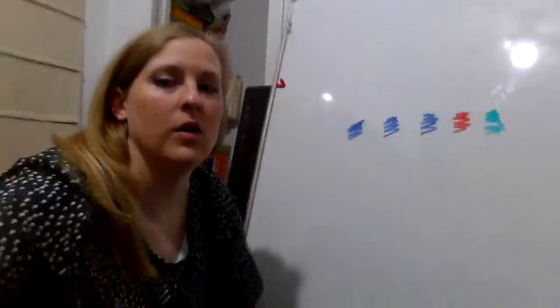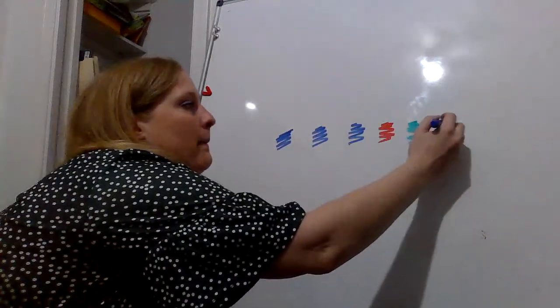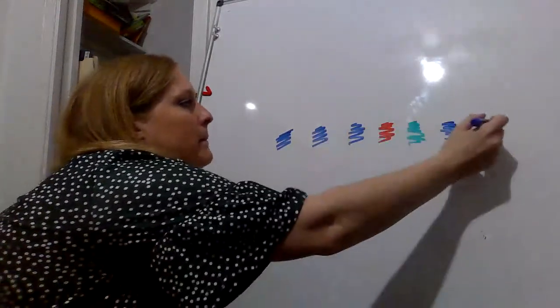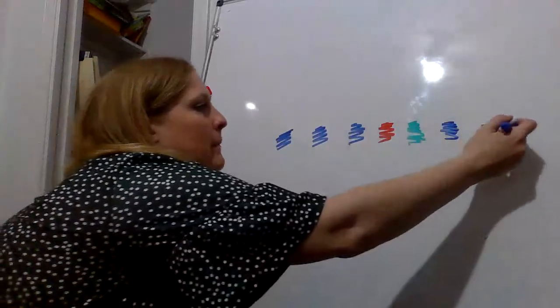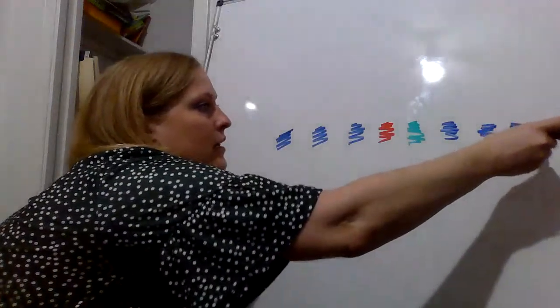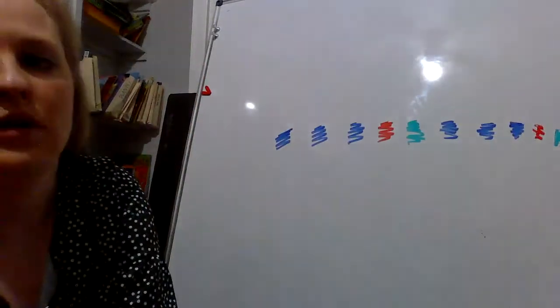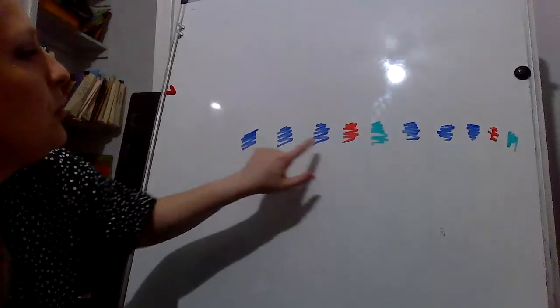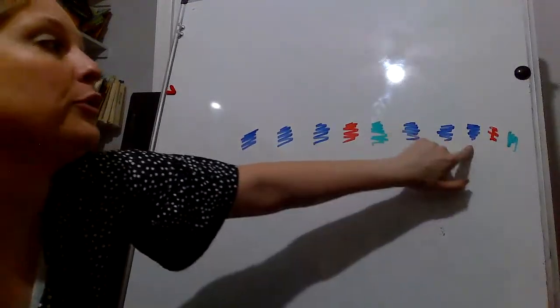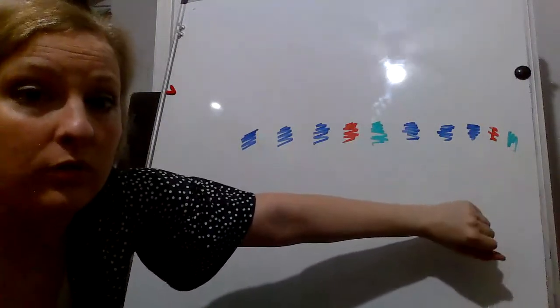So I have to go back to the beginning. My first one was blue, blue, blue, red, green. Okay, can you see that? Blue, blue, blue, red, green. Blue, blue, blue, red, green. Next would be blue, blue, blue.